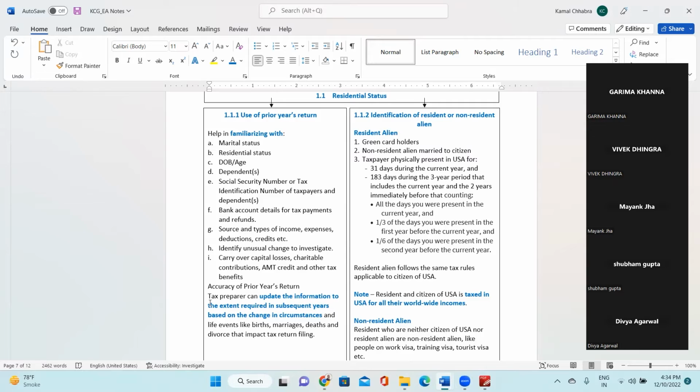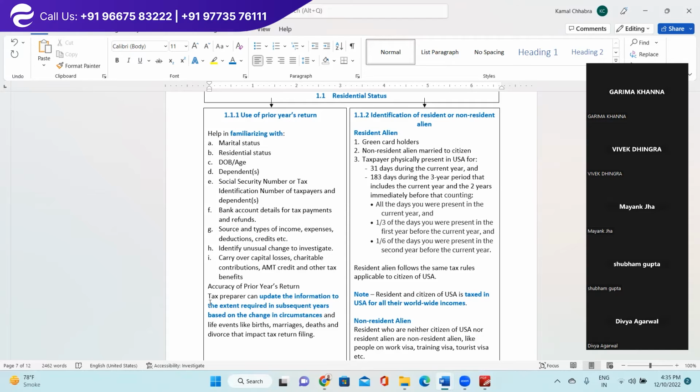What is the current year? 2022. That's the current year. So in the current year, you will be living in the United States for more than 31 days, and in the preceding 2 years plus the current year, the total stay would be more than 183 days.